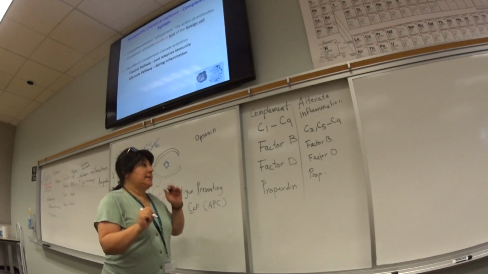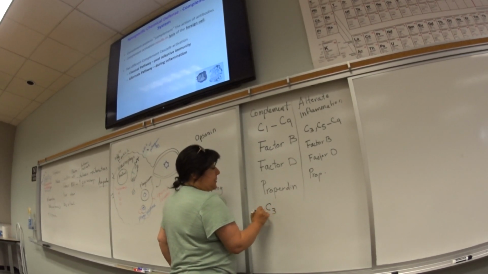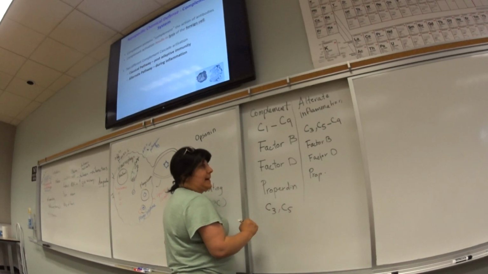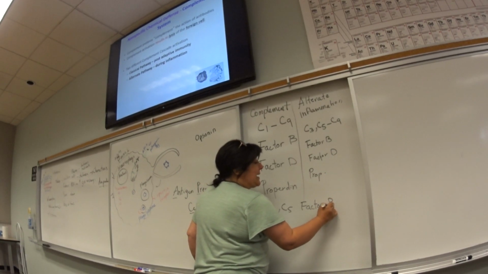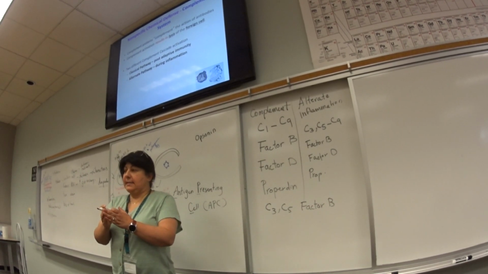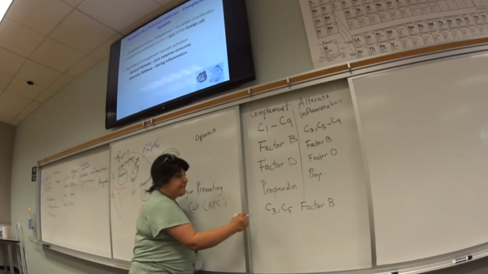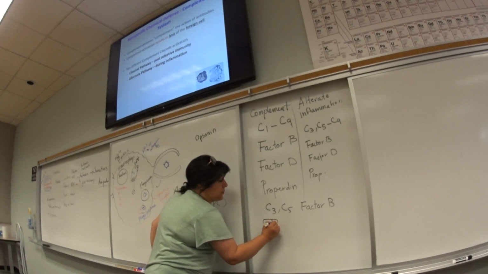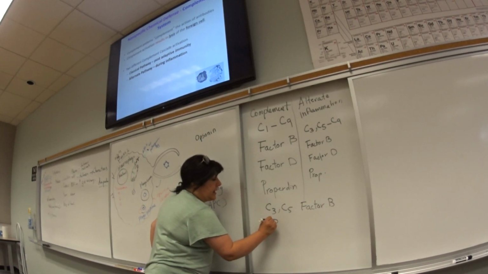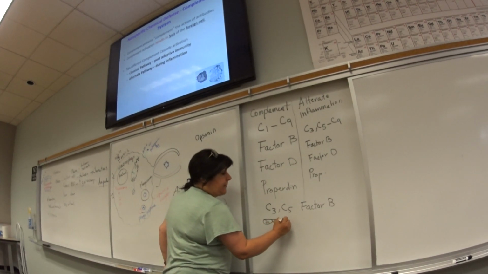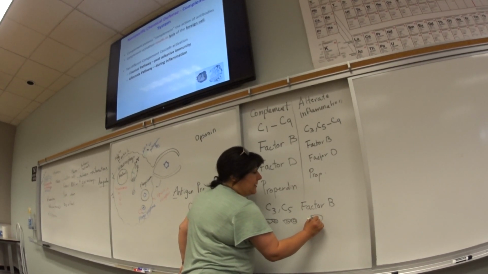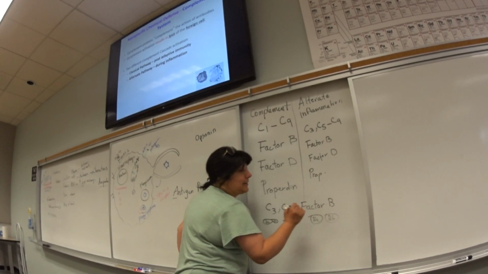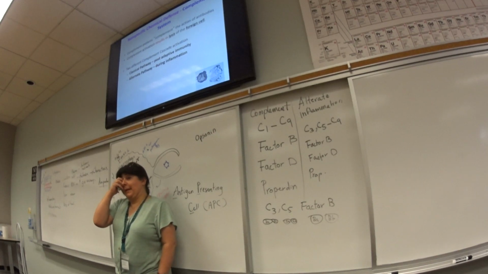One other interesting fact is that complement protein 3, complement protein 5, and factor B, when they get activated, their activation is the split of the protein. C3 has two portions, 3A and 3B. Same thing with C5, two portions, 5A and 5B. Factor B has BA and BB. You're going to hate me.